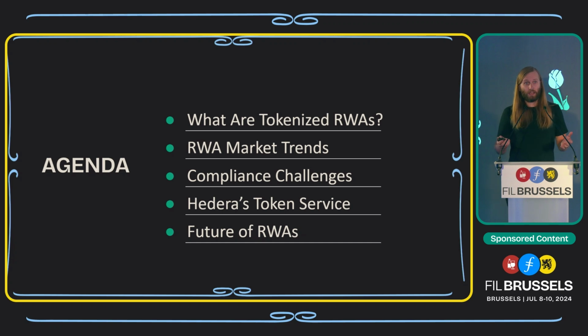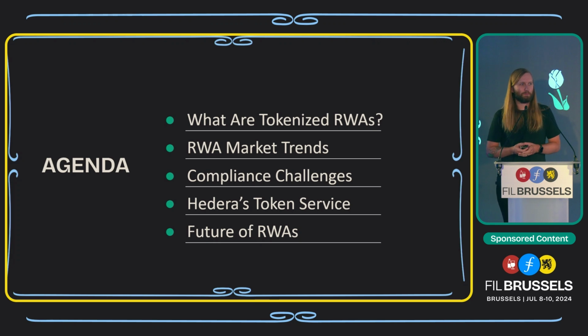So the agenda today, first, what are tokenized RWAs? Kind of a little bit of history and background to it. From there, we'll go into RWA market trends and what's currently happening to make everyone start talking about this and the potential of this asset class. Then we'll talk about compliance challenges for real-world assets, which arguably is the biggest issue you have to consider when you're creating tokens of real-world assets: the compliance and governmental entities around the world.